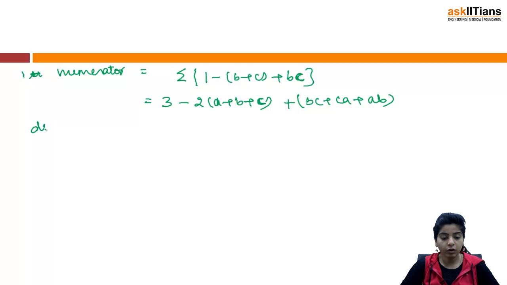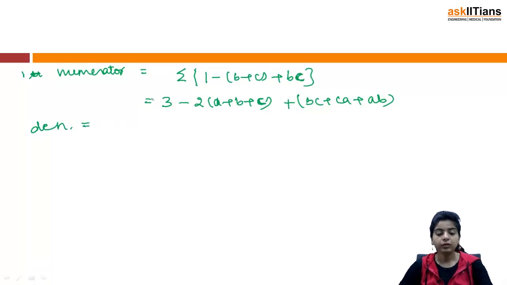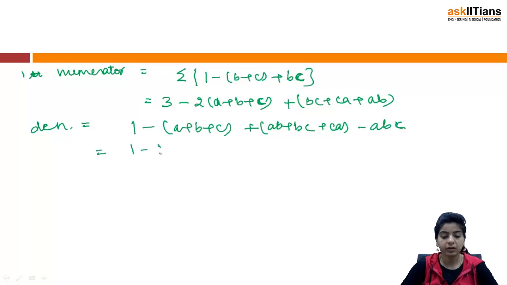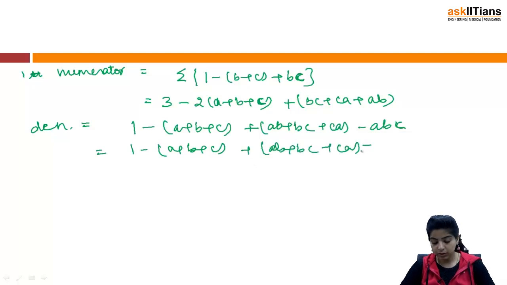And the denominator is equal to 1 minus a plus b plus c plus ab plus bc plus ca minus abc, right? So this can be written as 1 minus a plus b plus c plus this also remains as it is. What about abc?